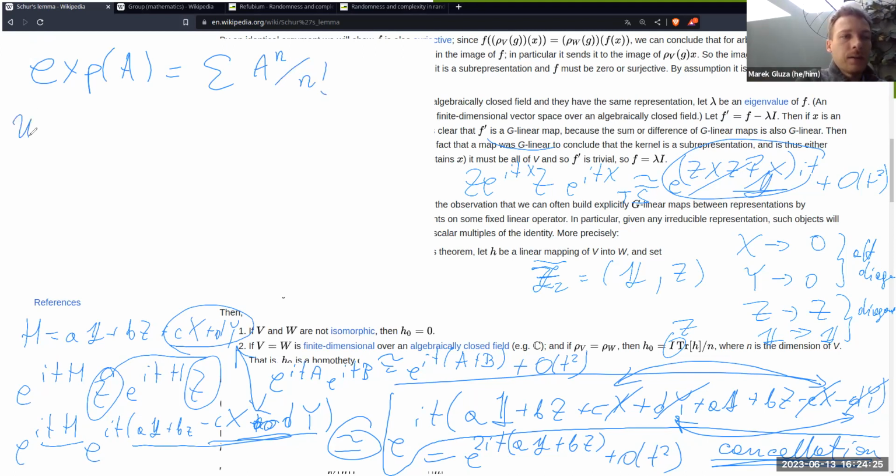If I consider U exp(A) U dagger, then in the beginning you have only two U's outside of the series.